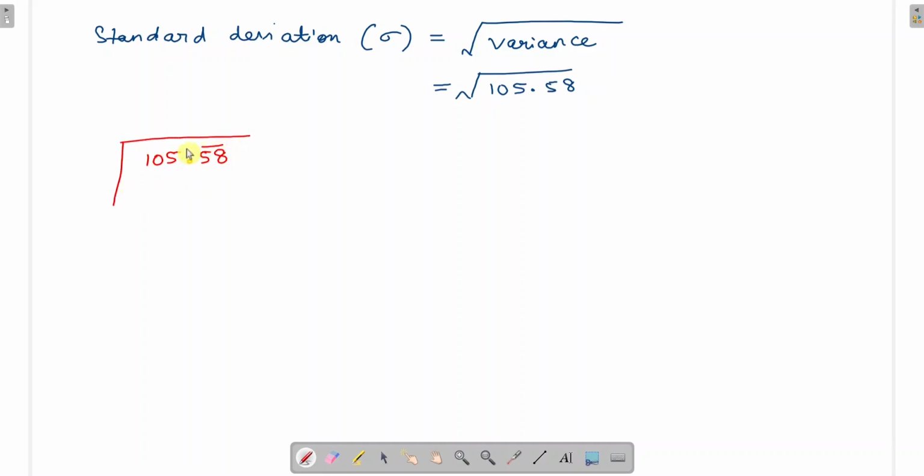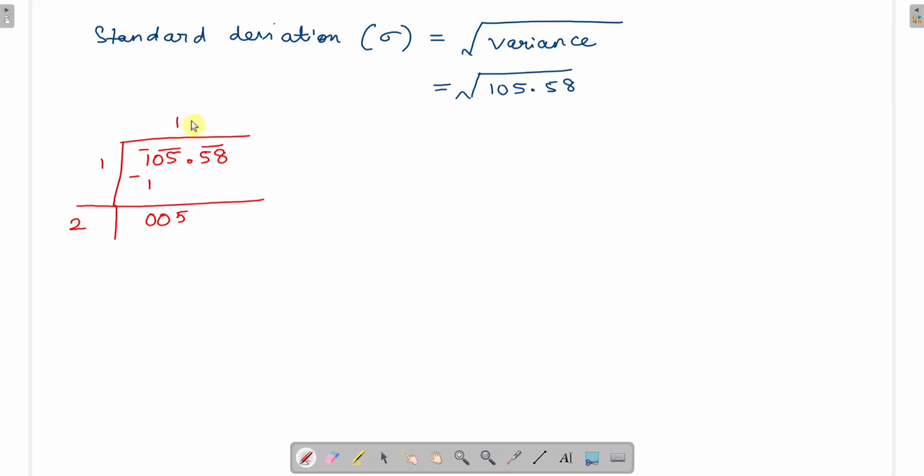So two digits we have to select. Okay, so 1 one is 1 and 0, and this 5 will come down, this 1 is doubled here. Okay, and then since 5 is smaller than 21, there will not be any number, because 21 times 1 is 21, which is greater than 5.